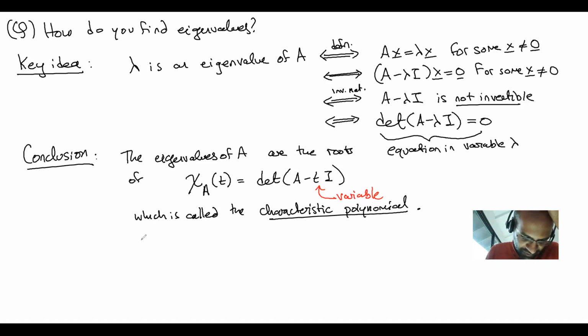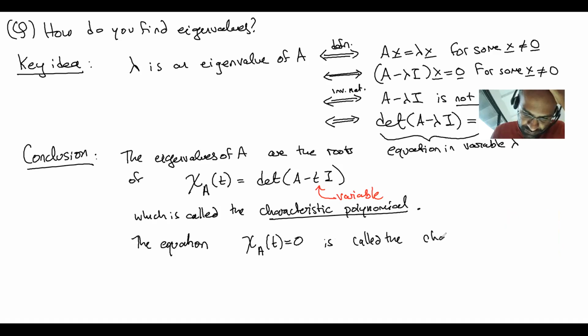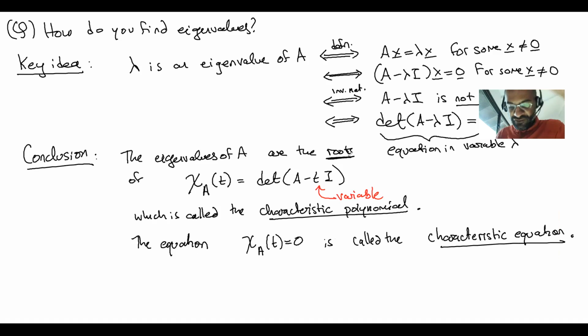And the equation setting this to be equal to 0 is called the characteristic equation. Okay, so the eigenvalues are solutions of some equation, which is not a linear equation, right?